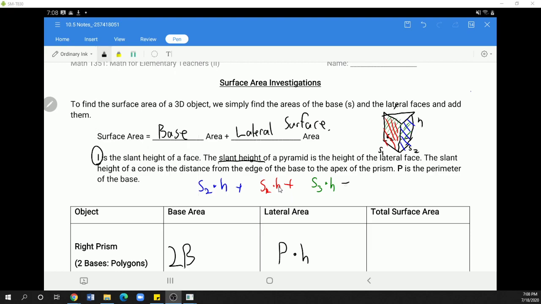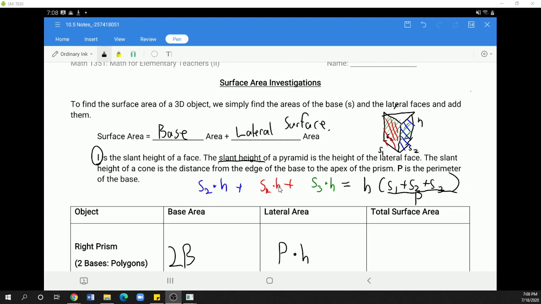But what's the trick? I can factor out an H and switch my addition around so that this is H times S1 plus S2 plus S3, but in the right order. But what is this here? This is the perimeter. And it works the same way for any prism. You're going to take all the side lengths, multiply by the height, and add them together.